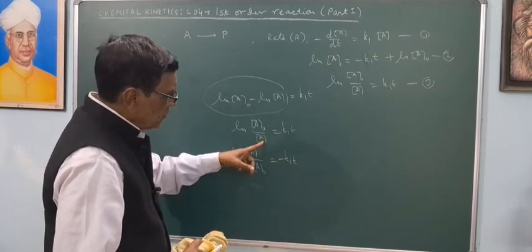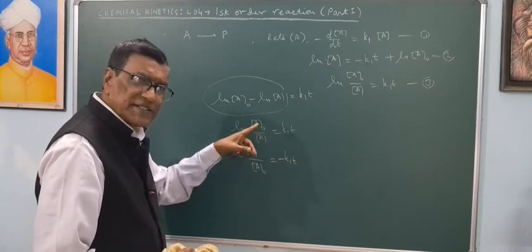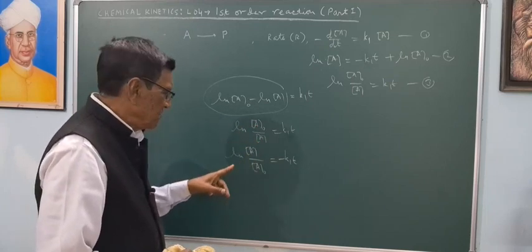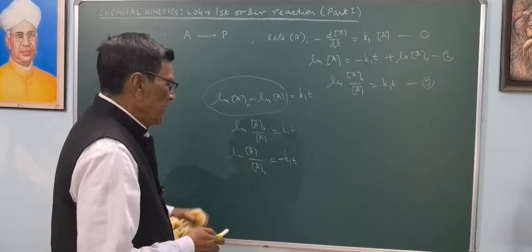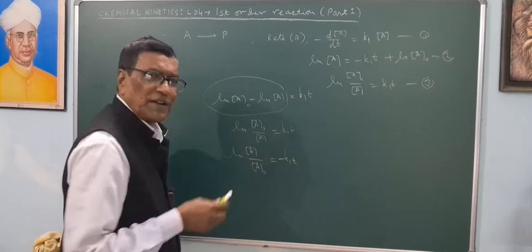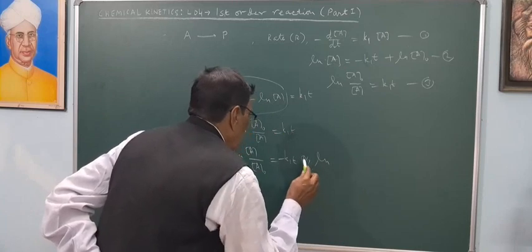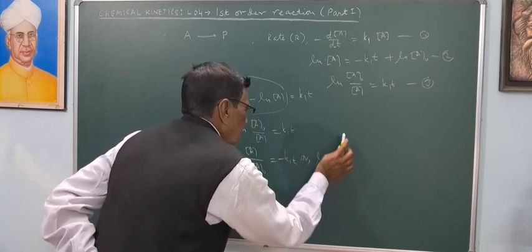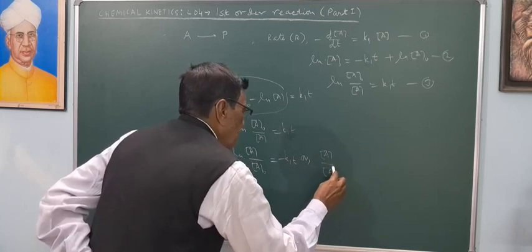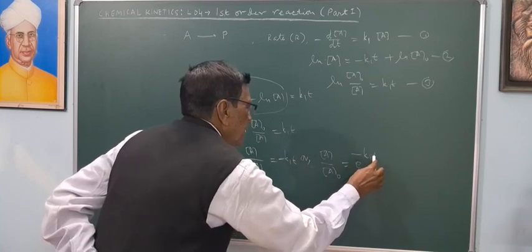If the denominator is transferred to the numerator and the numerator is coming to the denominator, then it will be preceded by a negative sign. Or you can write this as ln of concentration of A divided by concentration of A naught equal to e to the power minus K1T.